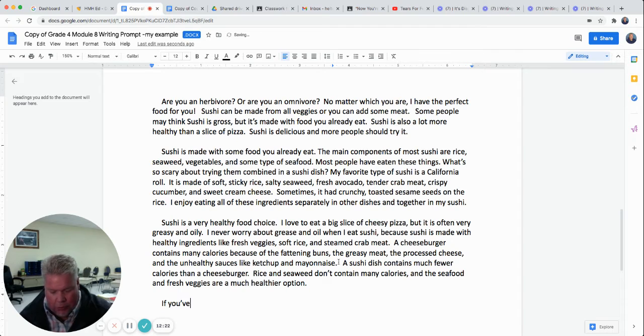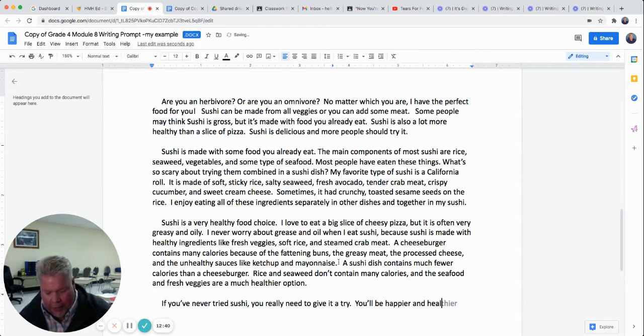If you've never tried sushi, you really need to give it a try. You'll be happier and healthier because of the fewer calories you'll consume.